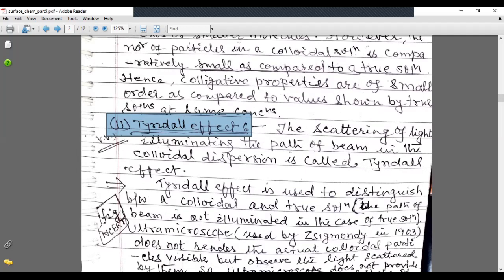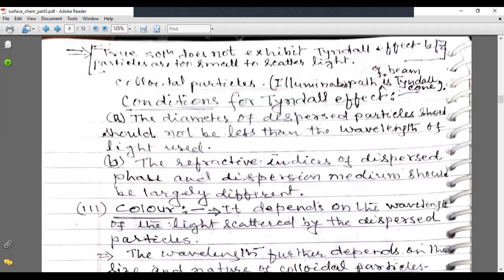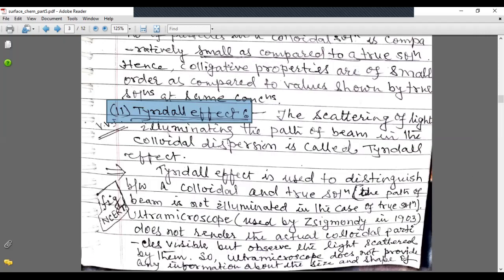When a beam of light is allowed to pass through a solution and the path of the beam is visible to us, then it is called the Tyndall effect. Again, I repeat, the scattering of light illuminating the path of the beam in the colloidal dispersion is called the Tyndall effect.